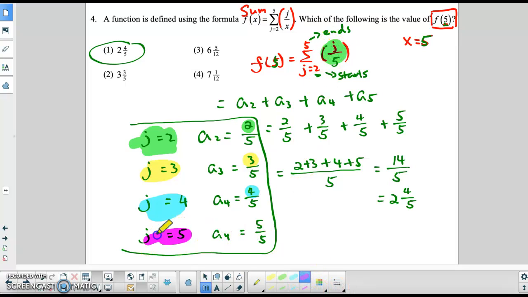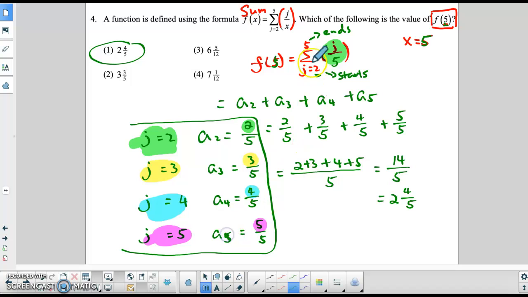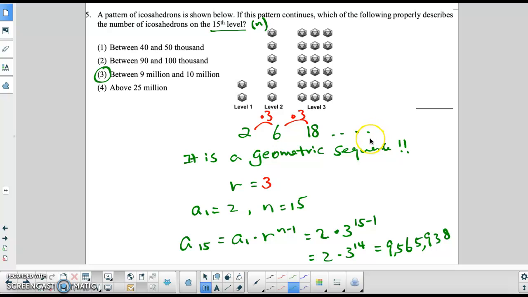When j equals 4, you replace j with 4. When j equals 5, you replace j with 5. This highlighted formula tells you what each term should look like. Always replace j with that changing number. After you find each term, a2, a3, a4, and a5, you add them, because this is the notation for finding the sum. We keep the denominator, add the numerators, and simplify, and this is your final answer.